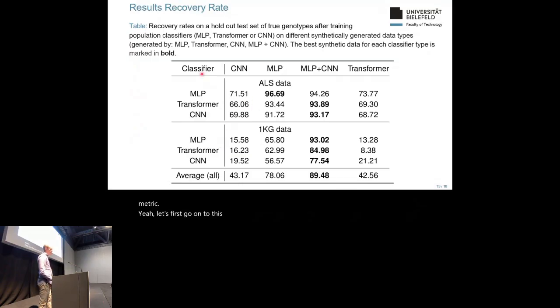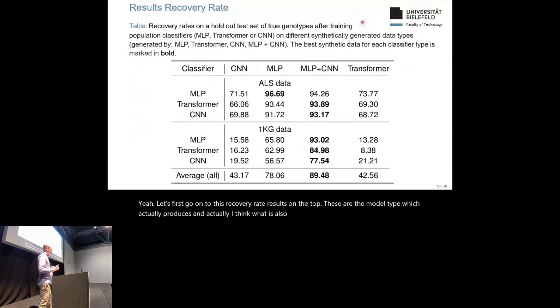So on the top, this is a model type which actually produces these results. And I think what is also important to note is that to train these models and get good results, a lot of hyperparameter tuning had to be done. There are a lot of architecture-specific choices. So actually, a lot of work went into those, and we only choose, of course, the best performing ones and display them here. And these are different classifier types.